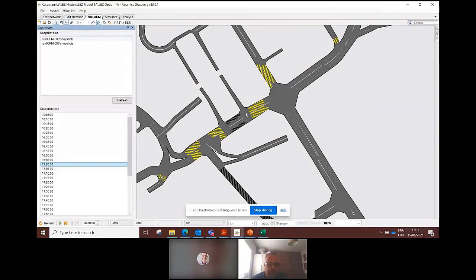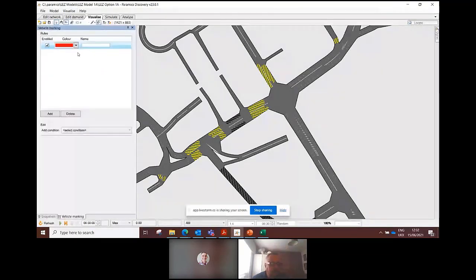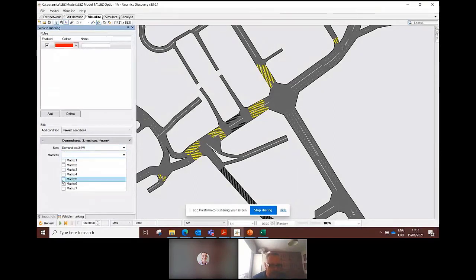While it's doing that, I can go to visualize and look at the vehicle marking, and select a color here. I can click on demand sets and look at the PM peak, and click on matrix 5, 6, and 7.